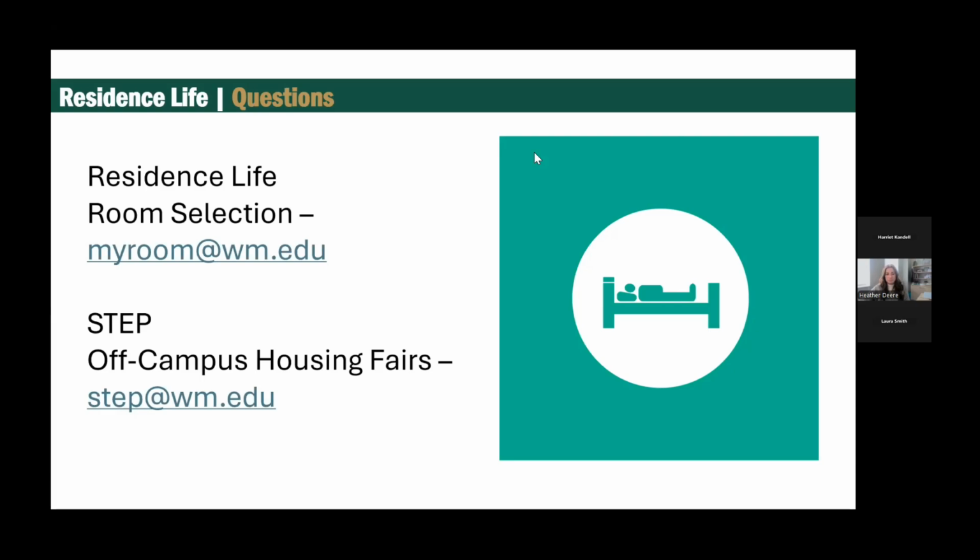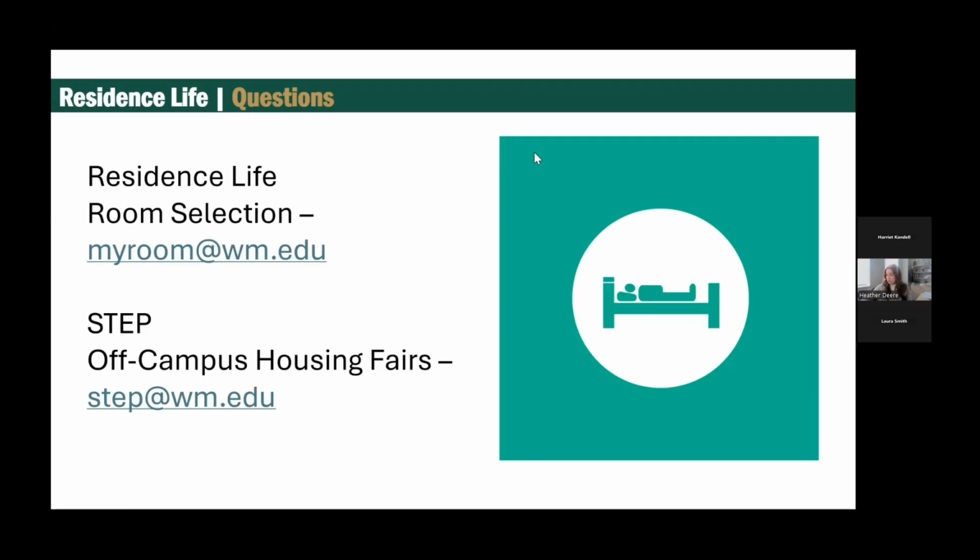It really is like luck of the draw when you sign in at your time slot. I would say if your student gets a time slot that's later in the day, then most likely there won't be any singles left. If they have an earlier time slot in the day, then there could be maybe a dozen. It just really depends on what's available at that time.